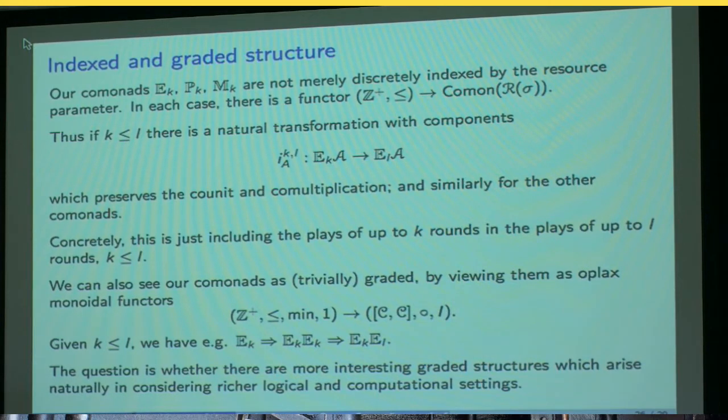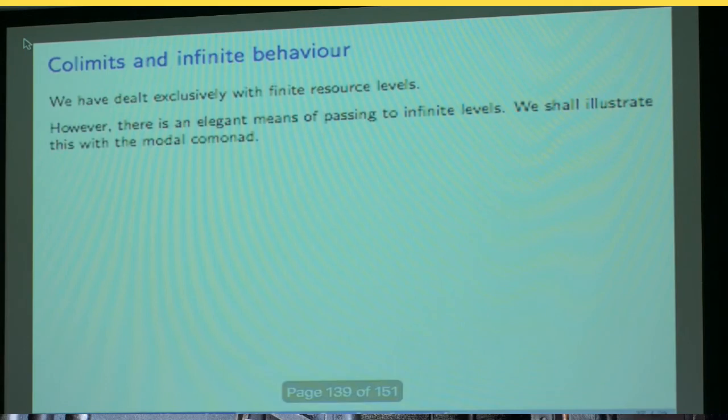This generalizes to the idea of a graded comonad, which is an oplax monoidal functor from a monoid, or maybe a monoidal poset, into this endofunctor category. So that's the general definition. The question is, in this setting, whether there are more interesting graded structures than just indexing by positive integers, which would arise naturally in considering richer settings.